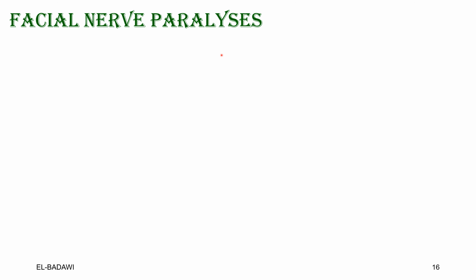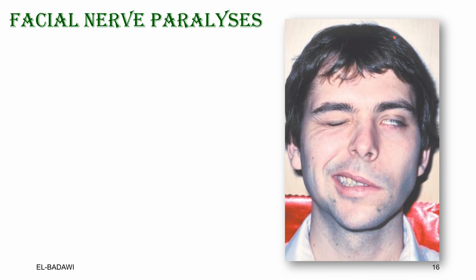Now, to describe the facial nerve paralysis, we have that slide on the right side for a patient having left facial nerve paralysis. As you can see in that one, the healthy side on the right side pulls the mouth to its side by the healthy buccinator, which will pull the mouth orifice to the right side.